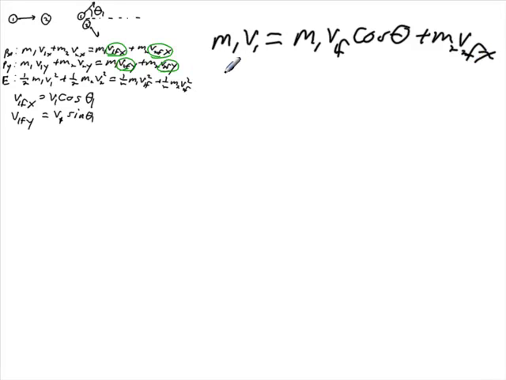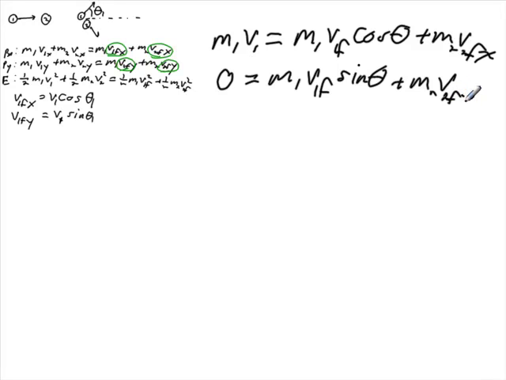And in the y direction, we simply have 0 equals m1 v1 final sine theta plus m2 v2 final y.